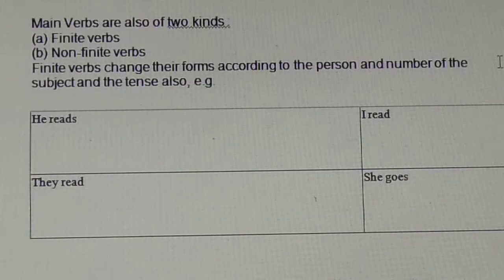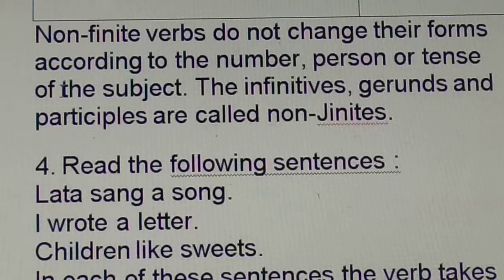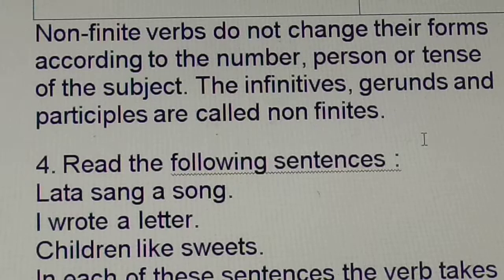See, he reads, I read, they read, she goes. Non-finite verbs do not change their forms according to the number, person or tense of the subject. The infinitives, gerunds and participles are called non-finite.